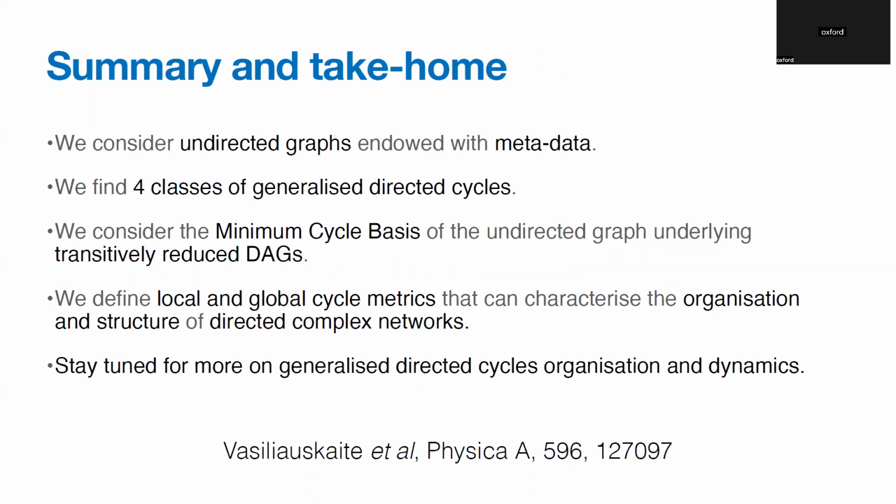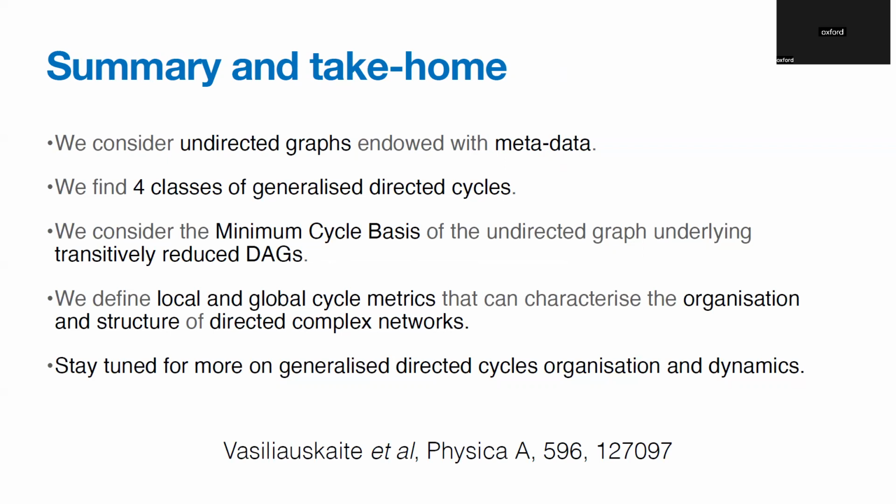So this is more or less everything I want to say. Again, some people might not really think we should talk about generalized directed cycles, but we think it's at least justifiable by thinking of this decoupling between the underlying undirected structure and the extra information that the directionality brings in.